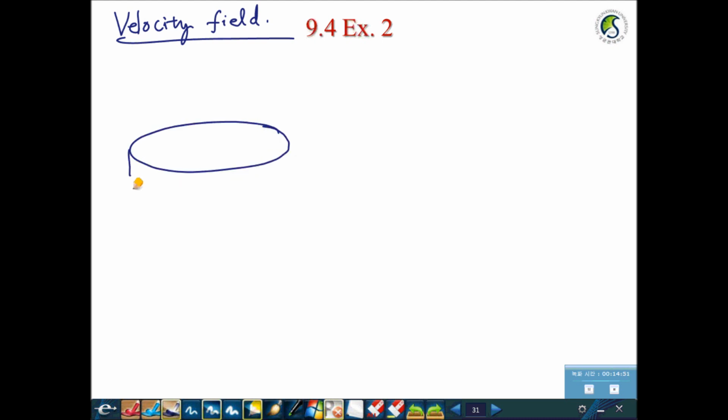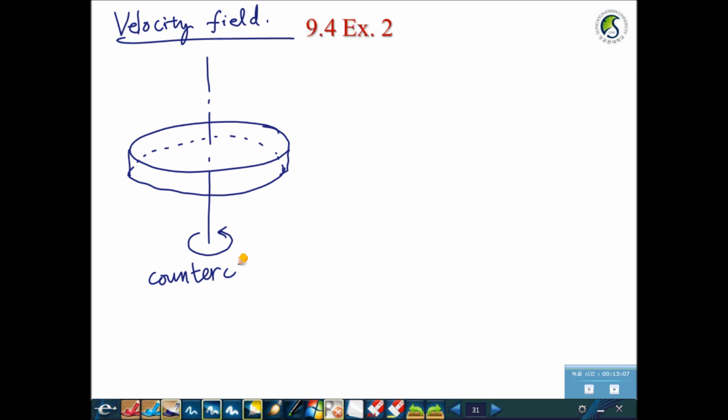This is a thin, solid disk, and it is rotating around the z-axis like that, counterclockwise. It is rotating that way.